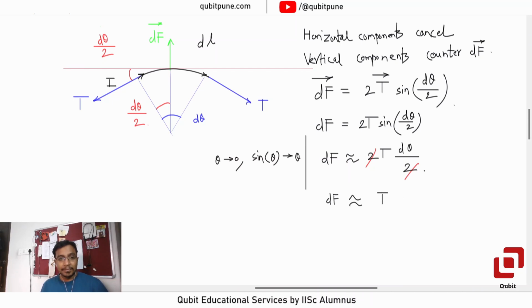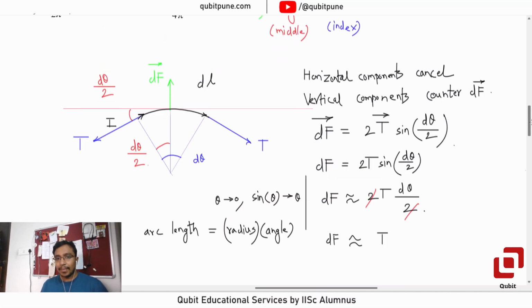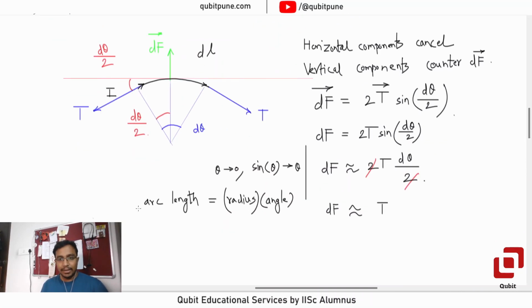But what is that d theta? The formula for arc length of a circle is radius into angle, correct? So d theta would be arc length upon radius.